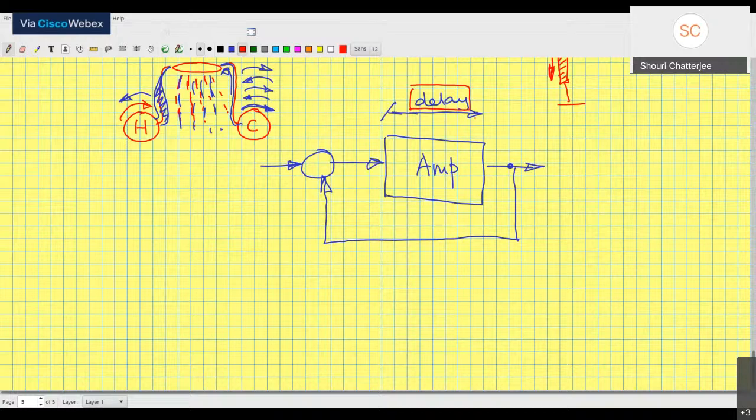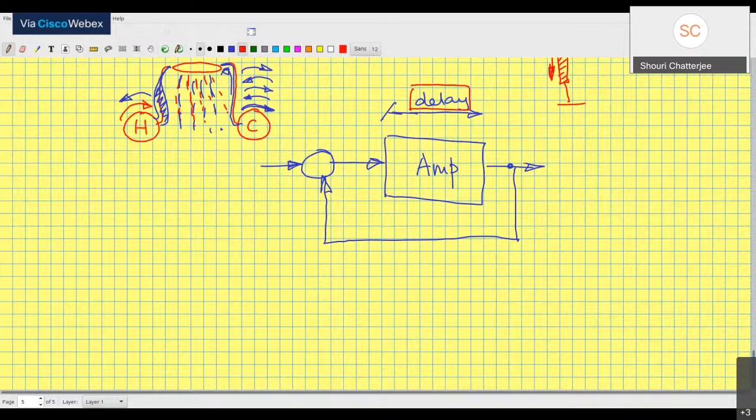But if there is a delay, then my correction comes after some time. And then what are you going to do? You are going to do an overcorrection, and then again, it's going to go back. So you are going to oscillate back and forth, back and forth, back and forth.